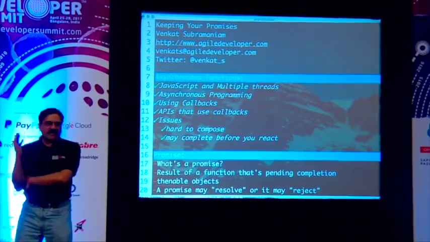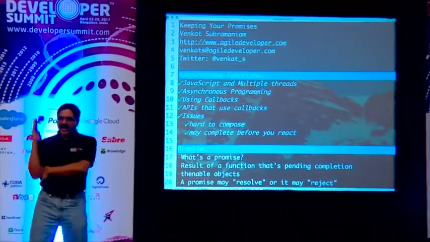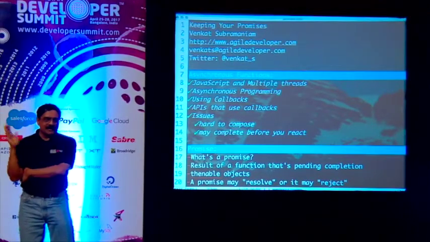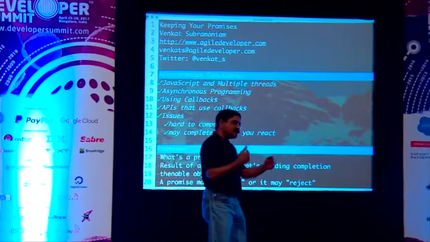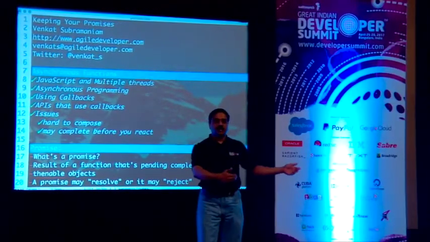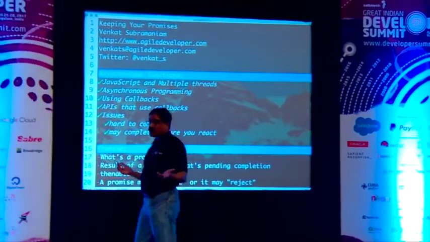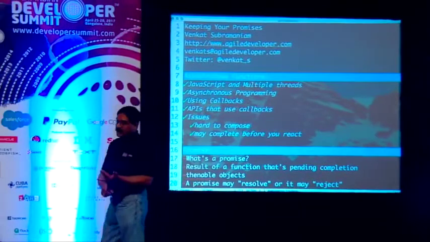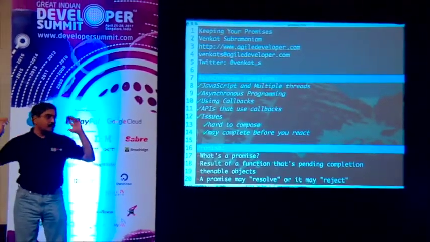You say, I'm going to find the perfect love. But then you have to time out at some point and say, dude, this is not going to happen. Let me settle down, right? It's like that. You can't wait forever. So what if you're registering a callback and by the time you register, the event is already over? Tough luck. In fact, this is an example of XHR, the XML HTTP request object. If you register after the event has taken place, tough luck.